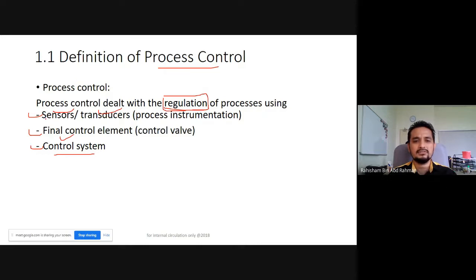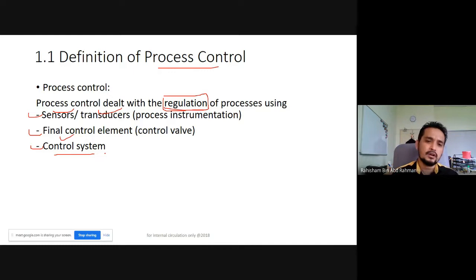We are going to look at these three items in great detail in the other subchapters. So at the end of the 13 weeks, we're going to learn only these three elements: sensor, transducer, final control element, which is the valve, the control valve, and the control system and communications.